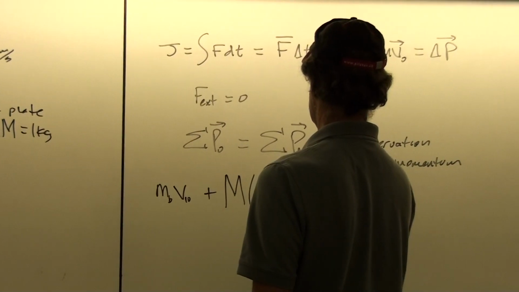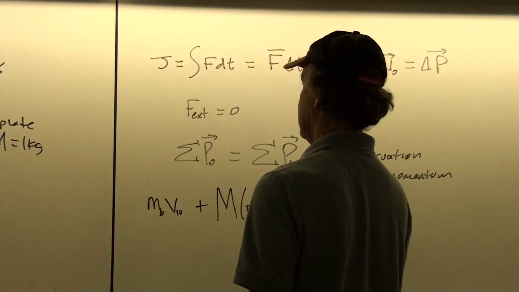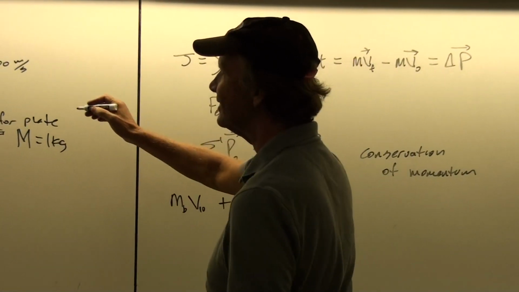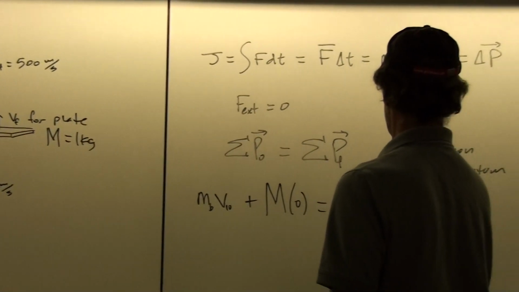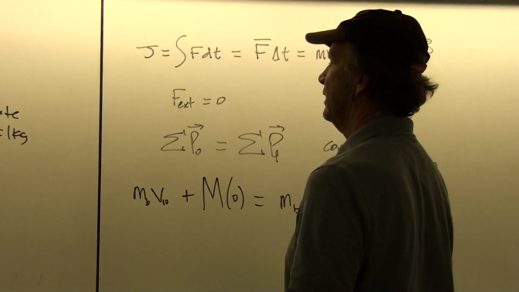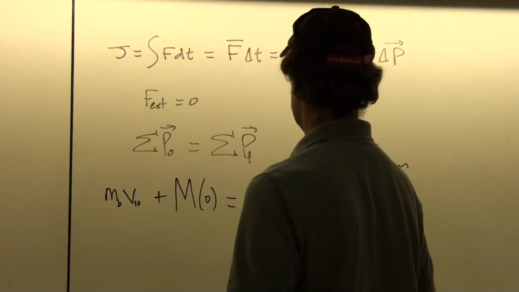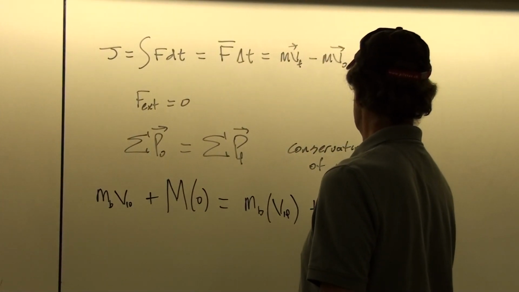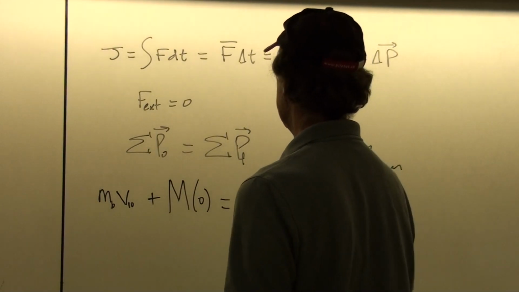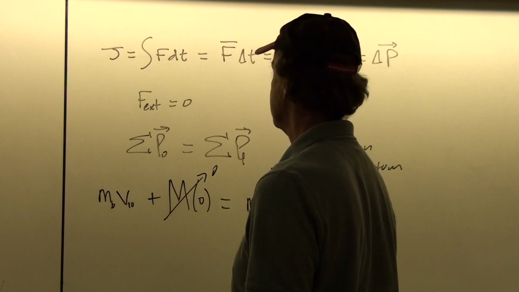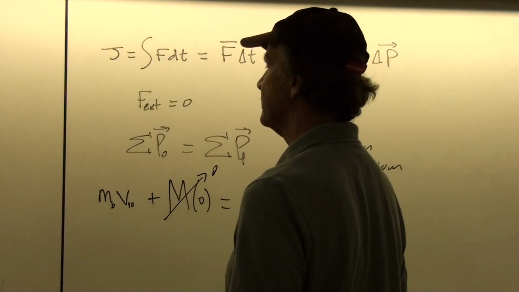So that's going to be equal to mass of the bullet times, that's not a common velocity anymore, because the bullet has dropped from 1,000 to 500 meters per second, but then plus the mass of the plate times V final. Okay, so this term is 0. That's relatively simple setup here.